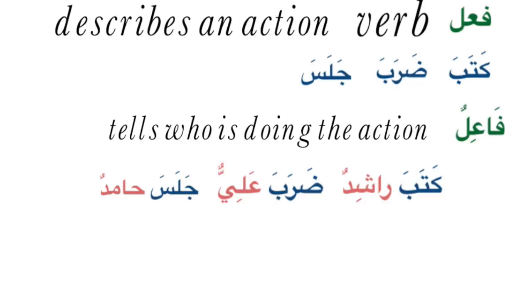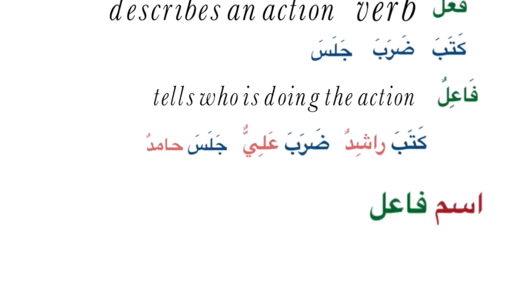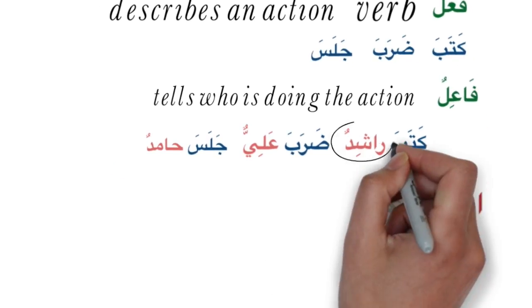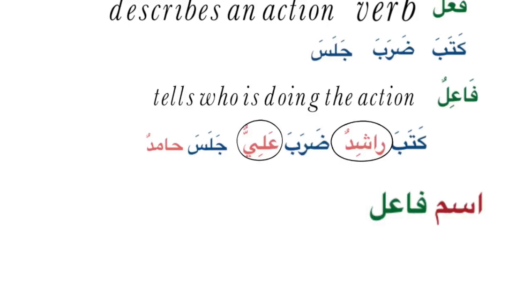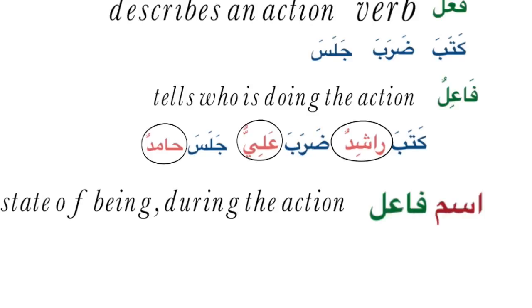So now what is ism fa'il? If we take these 3, Rashid, Ali and Hamid, the fa'il, the name which is given to the person doing an action is not the name of the person, it is not the name of the object, but it is the name given to a person doing an action.